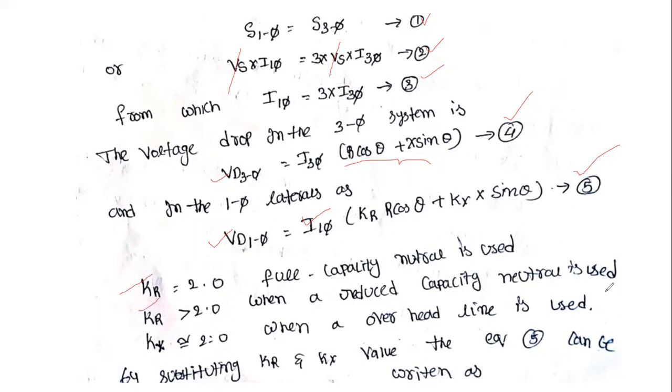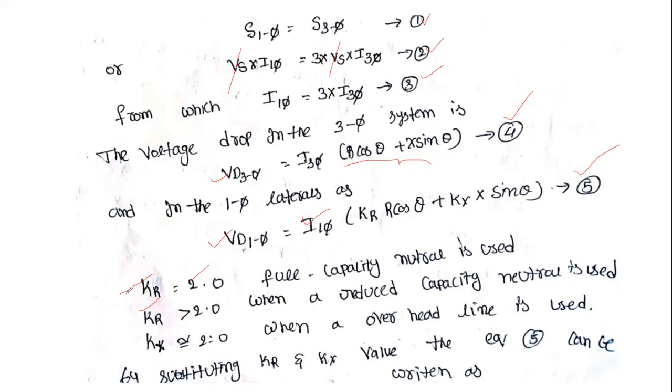When the full capacity neutral is used, Kr is equal to 2. When it is greater than 2, the reduced capacity neutral is used, which is approximately the case when an overhead line is used.